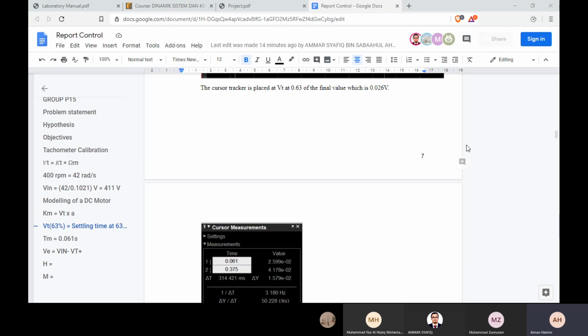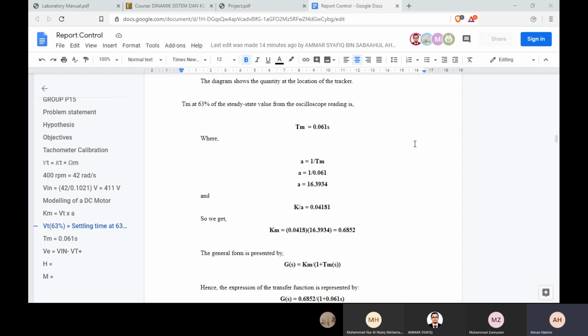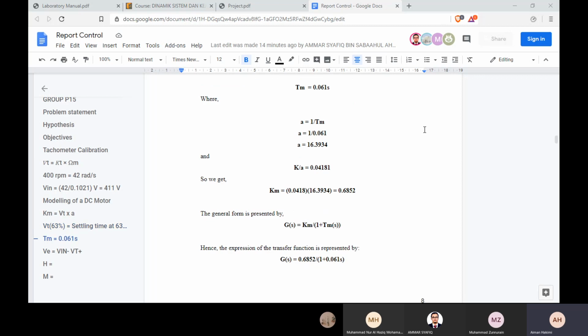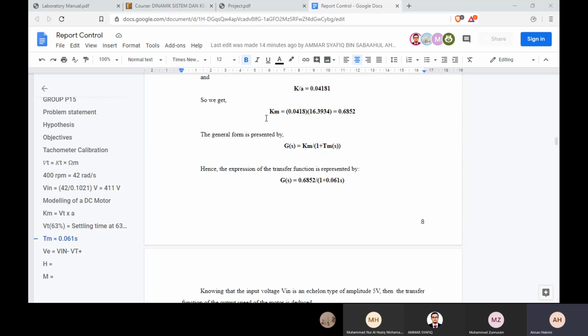So we move the cursor tracker and the measurement shows that the time is 0.061 seconds. So 0.061 seconds is the time constant Tm. Then I need to find A. A is 1 over Tm. Then with that we can get the static gain Km, that is 0.6852.